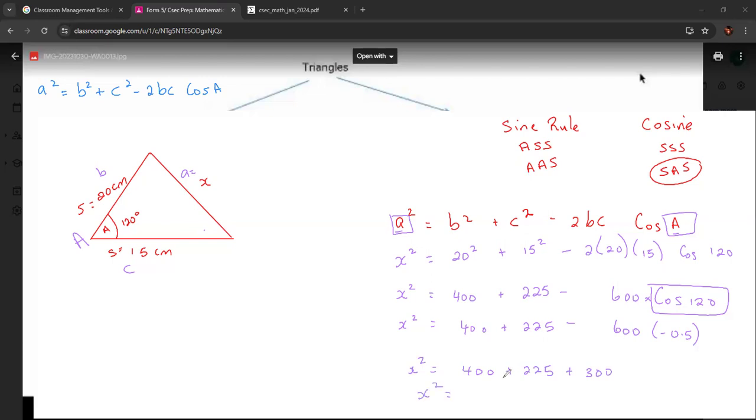So we'll end up with 400 plus 225 plus 300. I got 925. We have to find the square root, because we carry across the square, so the opposite will be the square root of 925.